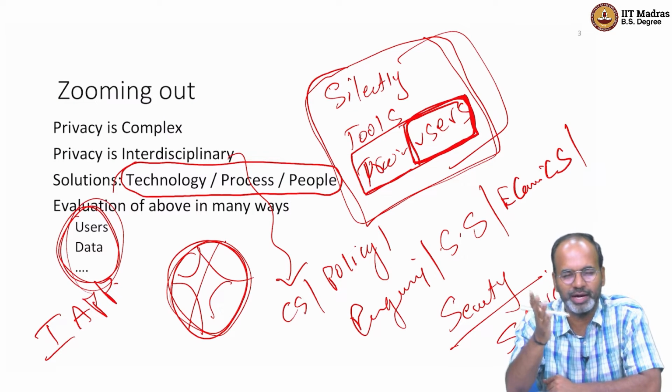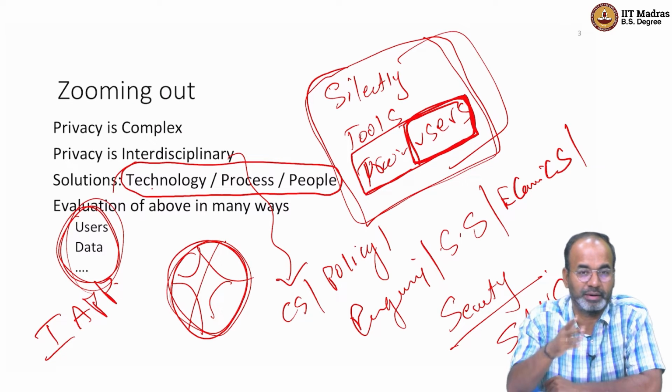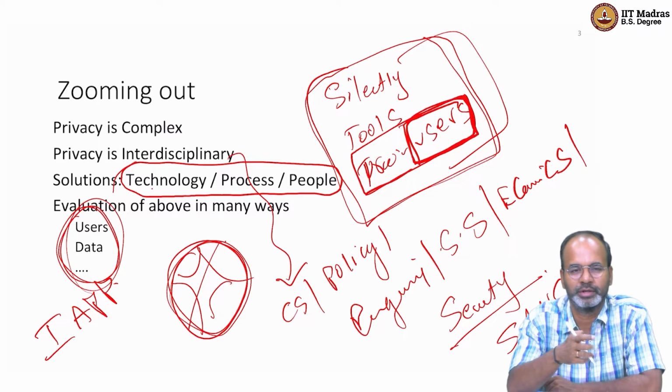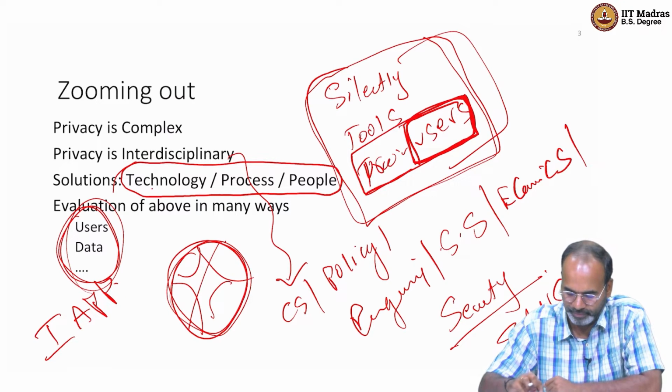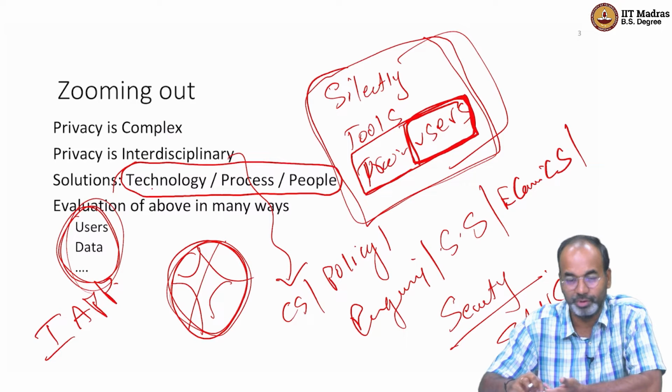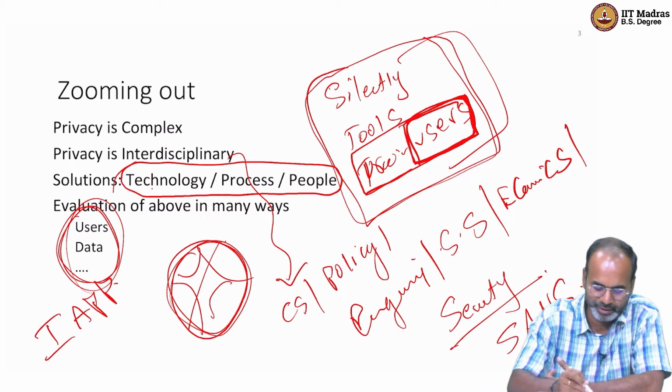Can we look at the data? Data, we have been talking about quite a bit as part of this course. But can we start looking at users? Can we understand the users, understand how they behave, understand why they behave, and using that, can we produce technologies? Can we produce processes? So all these three are interlinked.